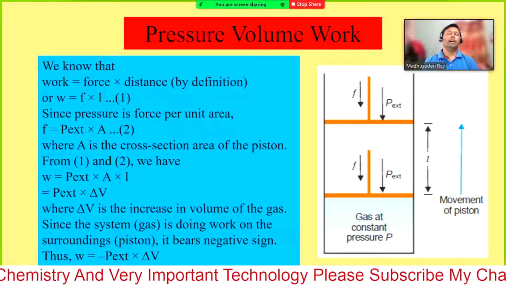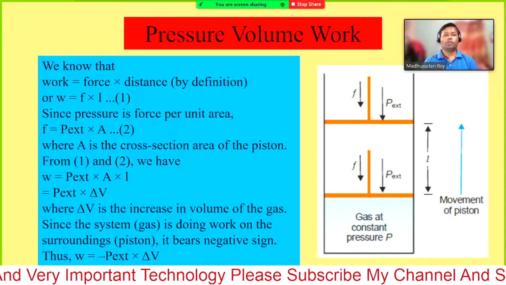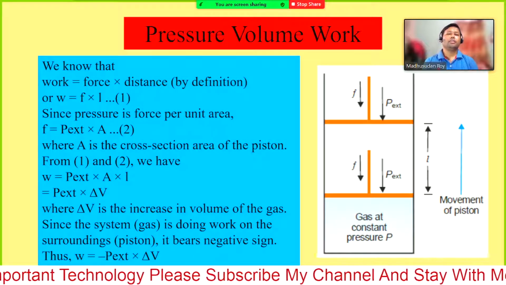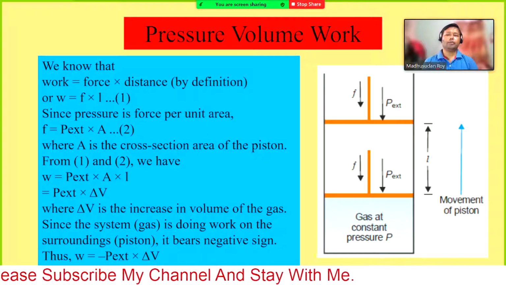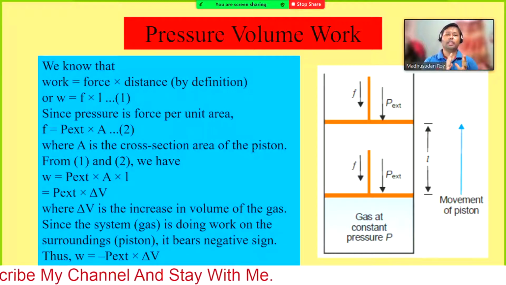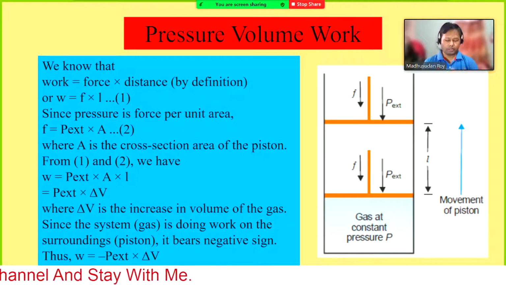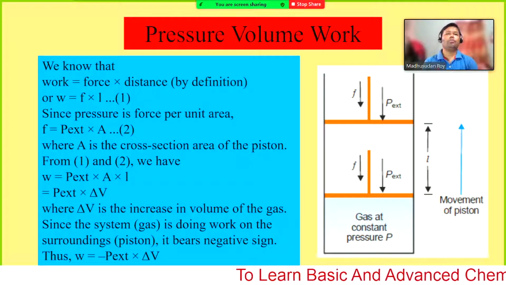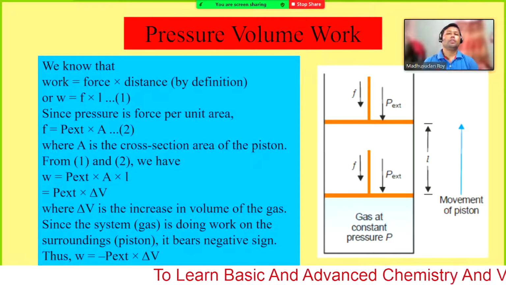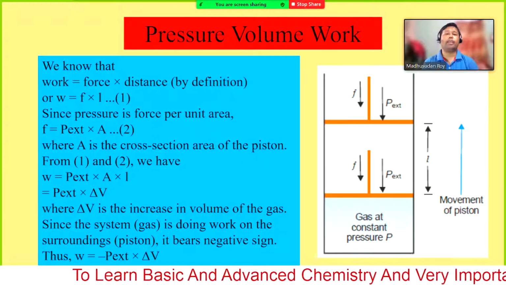Work is the multiplication of force and distance. That means if you can displace some substance by applying certain force, in that case you have performed some work, and the amount of work would be the multiplication of the force and the distance or displacement.